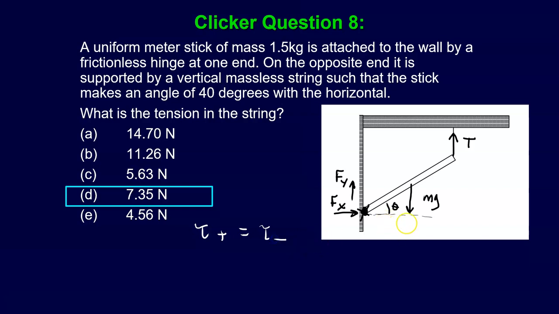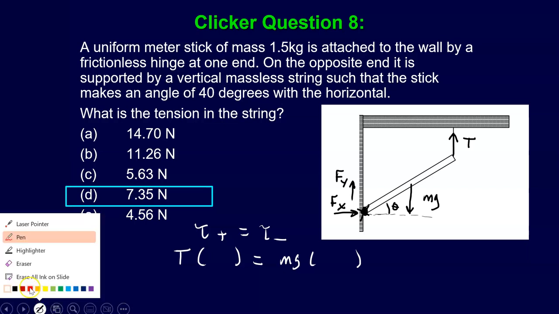If that's our axis, then in my calculation the tension will be doing the positive torque, and the mg will be doing the negative torque. The trick here is to find our distance for this torque, the moment arm.